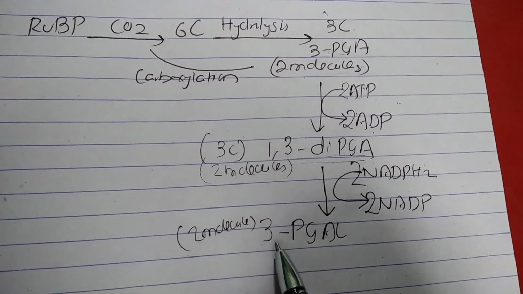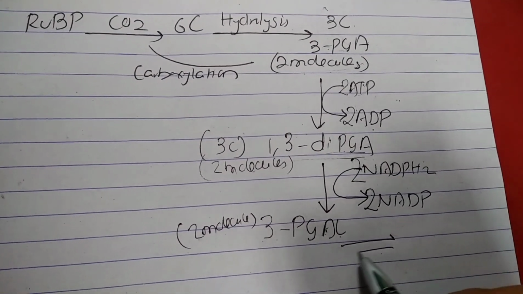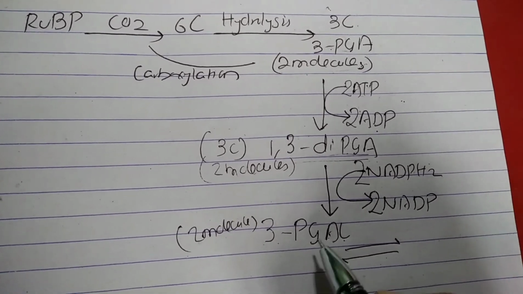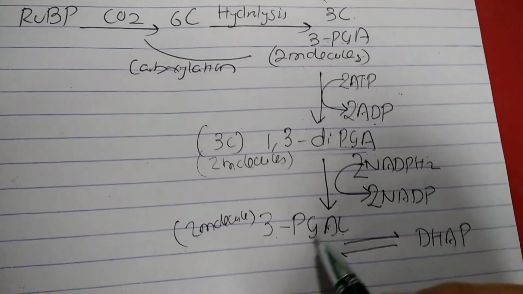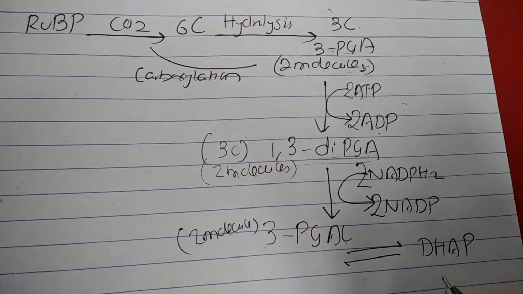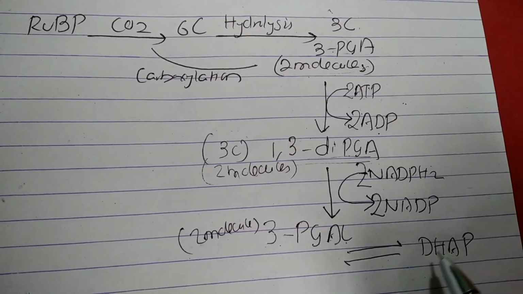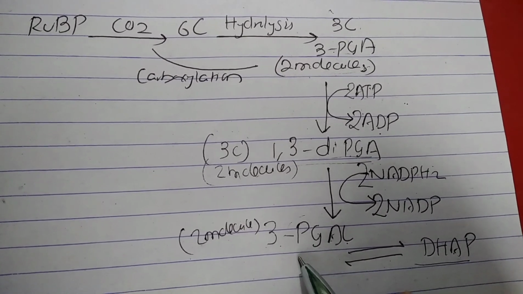So 1 molecule of 3-phosphoglyceraldehyde isomerizes, we write this symbol for isomerization, to give dihydroxyacetone phosphate. This is aldehyde, this is ketone, and they are isomers of each other. 1 molecule is isomerized to here, and 1 molecule is left here.